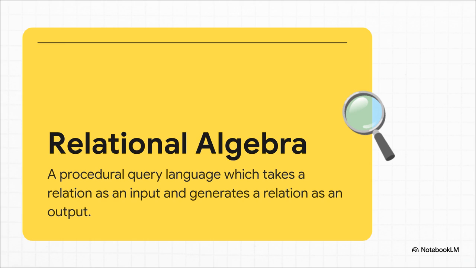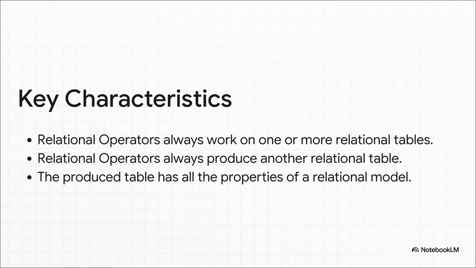Every single operation you do just creates a new table from the old one. And this is what makes the whole system so incredibly elegant. You do an operation on a table, you get a new table back, right? And that new table can immediately be used in the next operation. It's kind of like having a set of Lego bricks for your data. You can just keep snapping new operations on top of each other to build whatever you want.